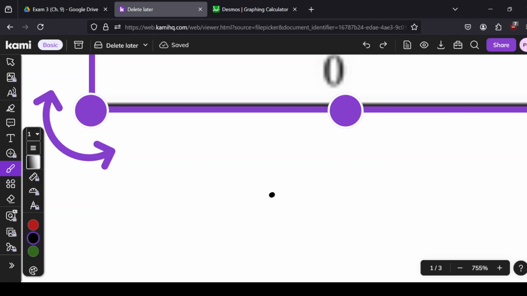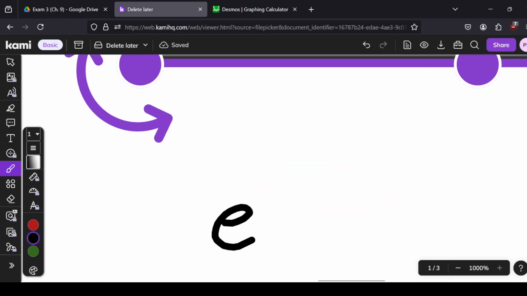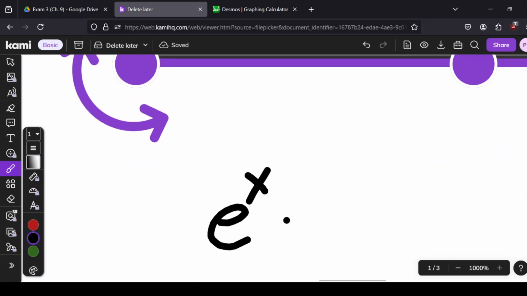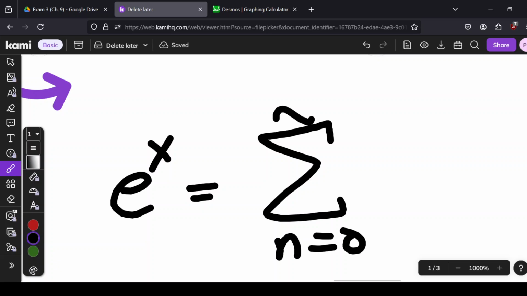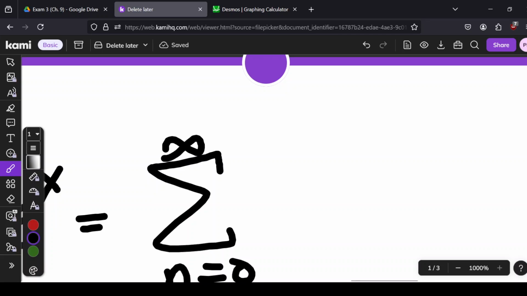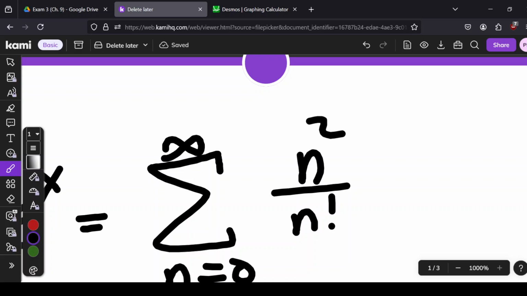Okay, so let's do this. First of all, let's get that e to the x. Let's see, I'm pretty sure I can remember this one. This is an easy one. What series is e to the x? That's over n factorial. And n squared, no, that's not right.